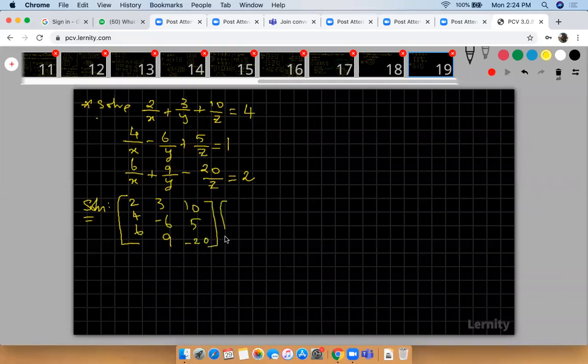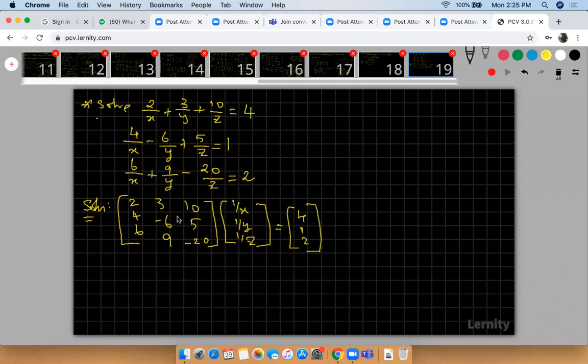Into the variables, the unknowns. Take it as 1 by x, 1 by y, 1 by z, the unknowns. That is equal to the right hand side values 4, 1, 2.